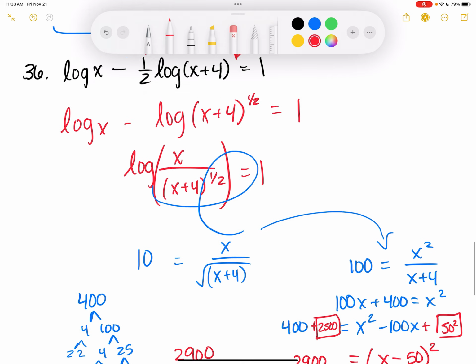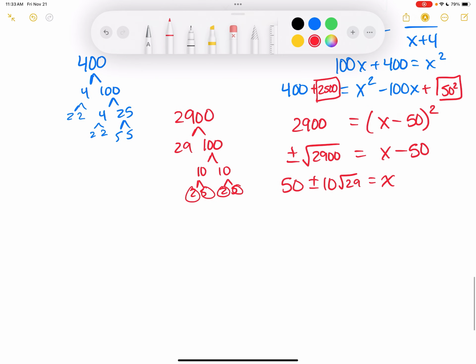Can't we just say it's undefined at this point? No. Okay, so you got 50 minus 10 times... How do I square everything? So when I do the positive one, I get 103.85. And the negative one doesn't work because it ends up with a negative number.